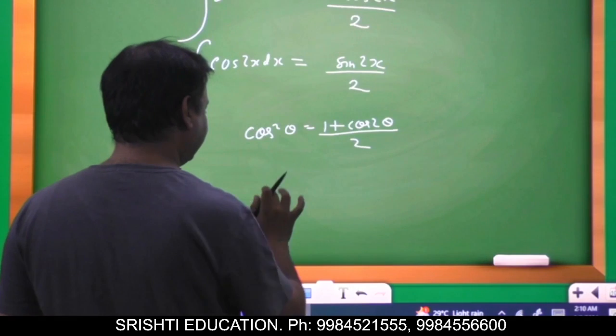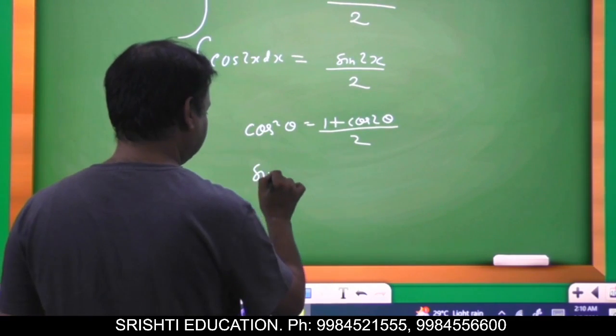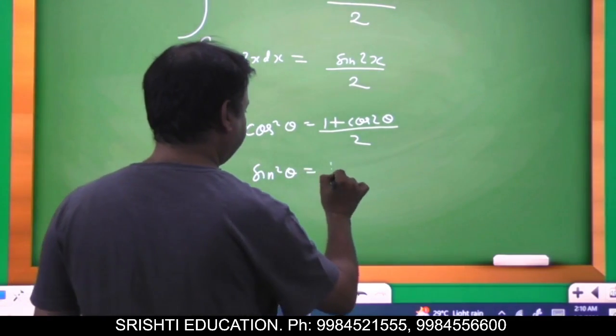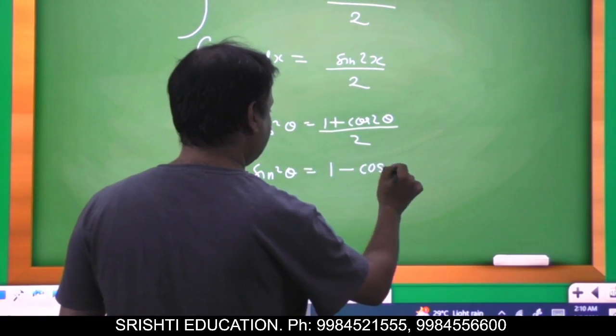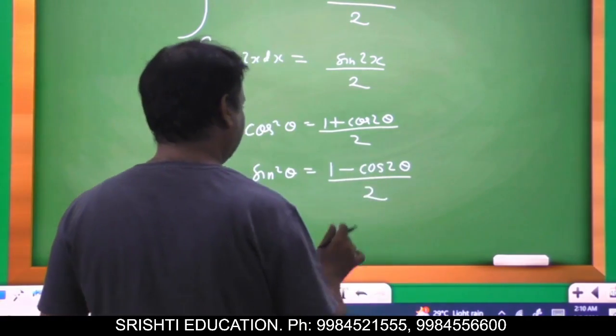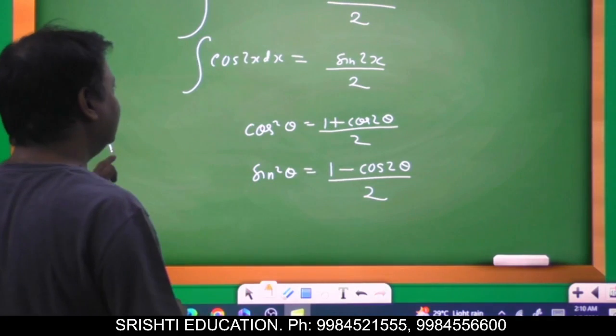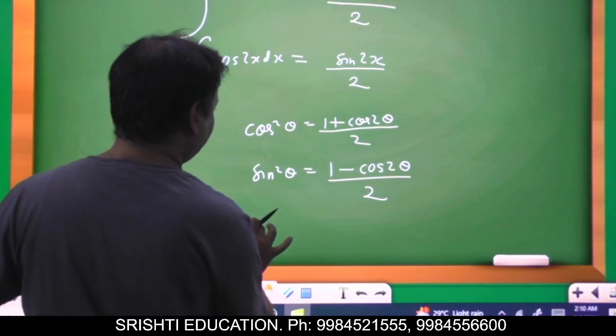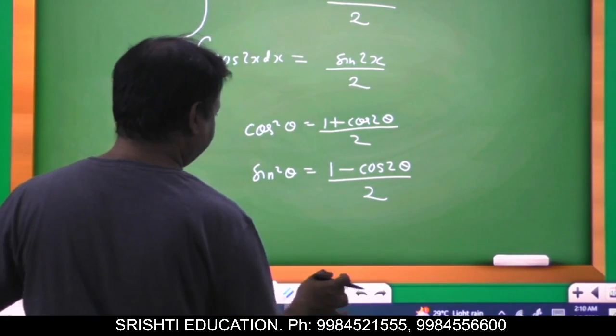And when you're writing sine square theta, you can write it as 1 minus cos 2 theta by 2. We have done all these things in the mathematical tools. Right now I'm just making a recap for those who might not have done it.